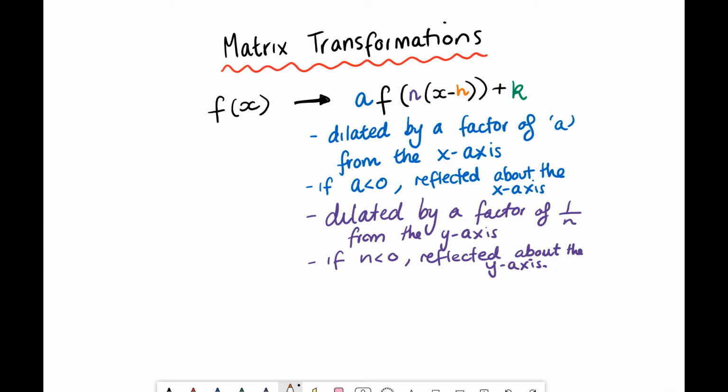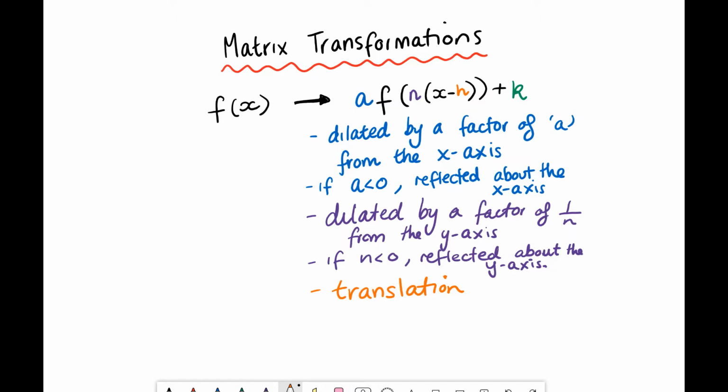Now, giving ourselves a little bit of room here, we can see that if we had minus h, so it's a bit like saying it's the opposite of what's inside the brackets, you may remember from last video, then we would call this a translation. Now remember, it's the opposite of what we see, so minus h is translating in the positive direction, and furthermore, it's the positive x direction.